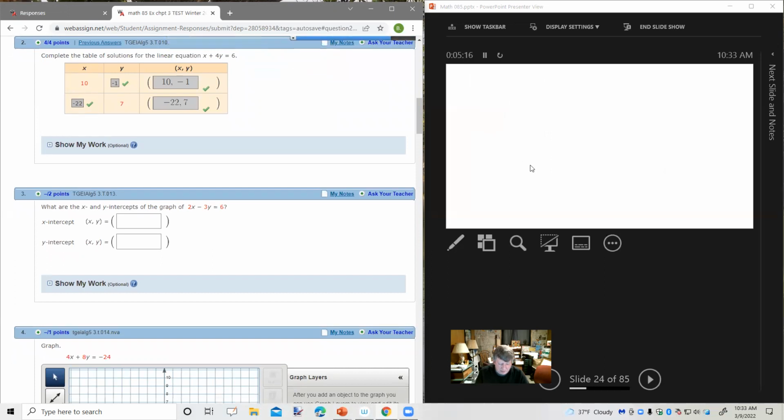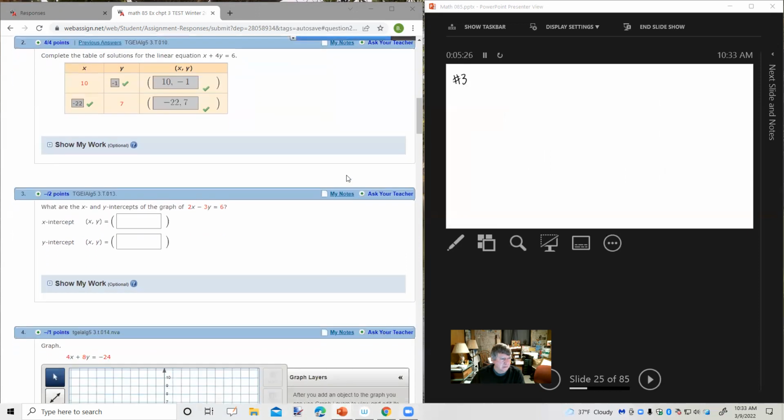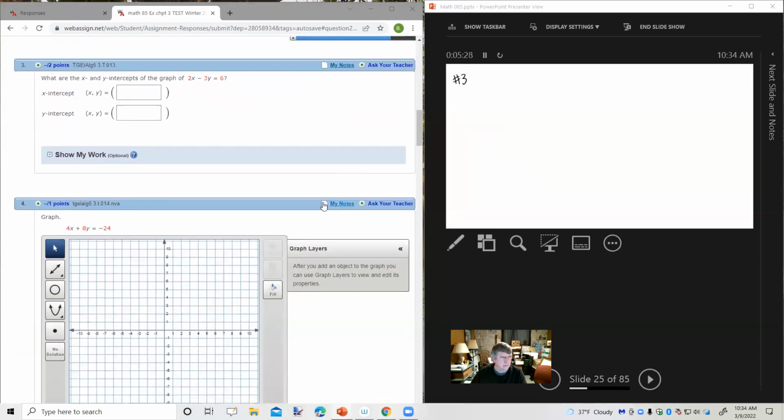Let's take a look at problem number 3. What are the x and y intercepts of the graph of 2x minus 3y equals 6? Well, to find the x-intercept, we set y equal to 0.